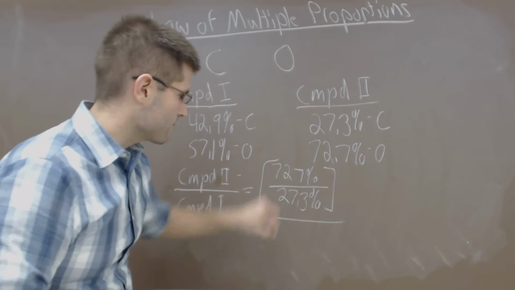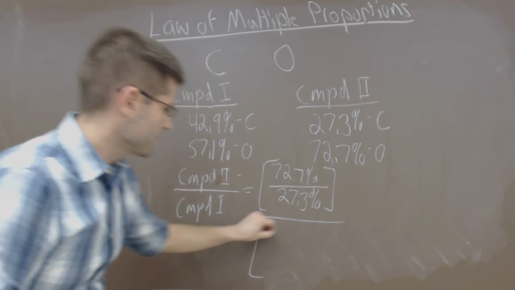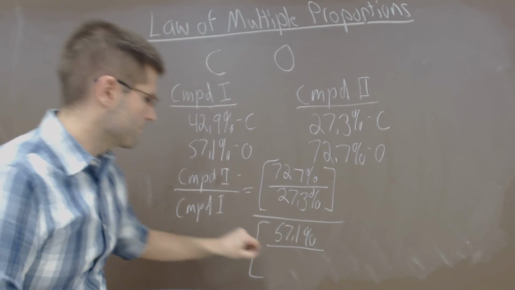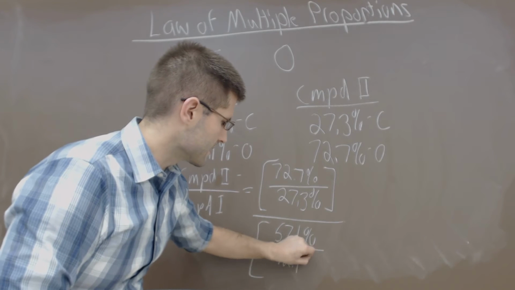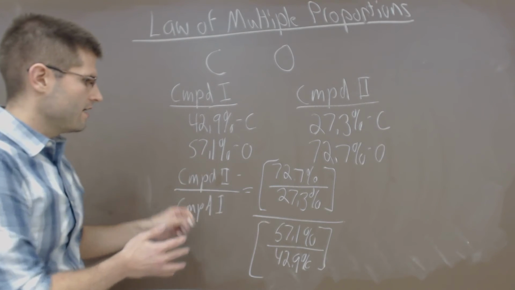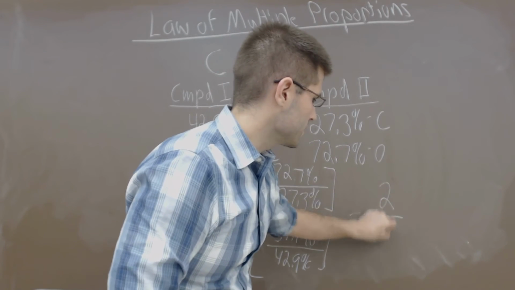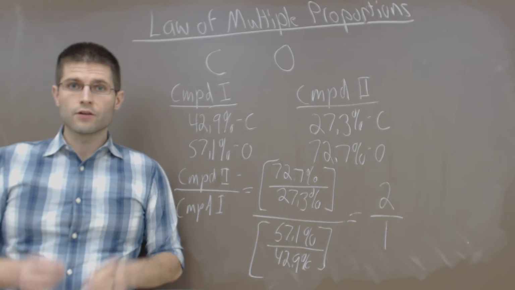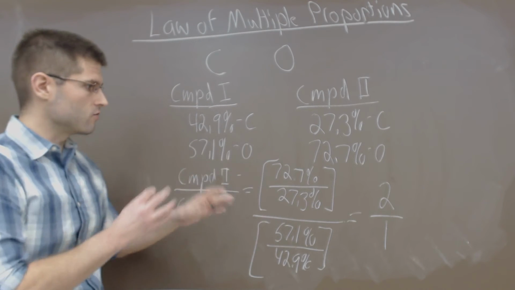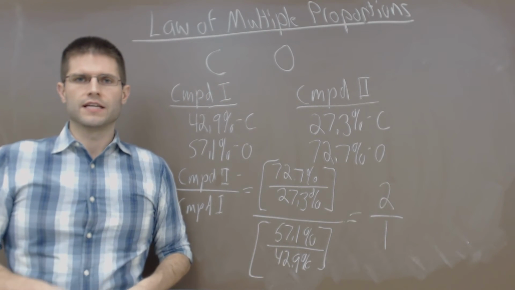And let's divide that ratio by the ratio of oxygen to carbon here, 57.1% oxygen for every 42.9% carbon. The beauty behind this ratio and this law, if you plug this into a calculator, will end up giving you a 2-to-1 ratio. It'll be whole numbers. The law of multiple proportions states and specifically shows that you will always get a whole number ratio here. Now, what does that whole number ratio mean?